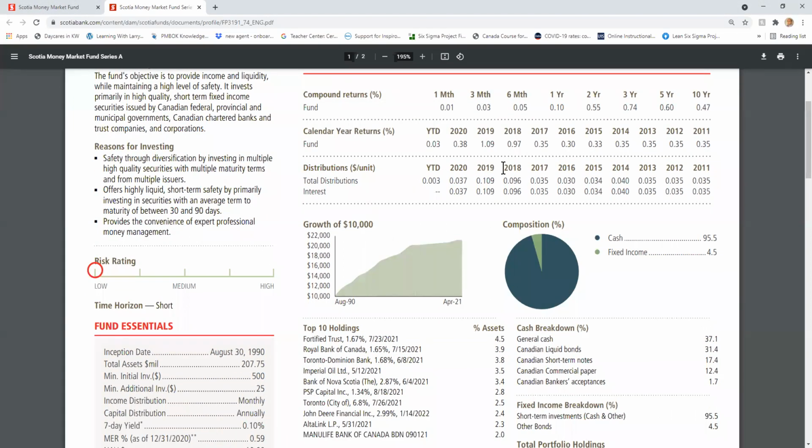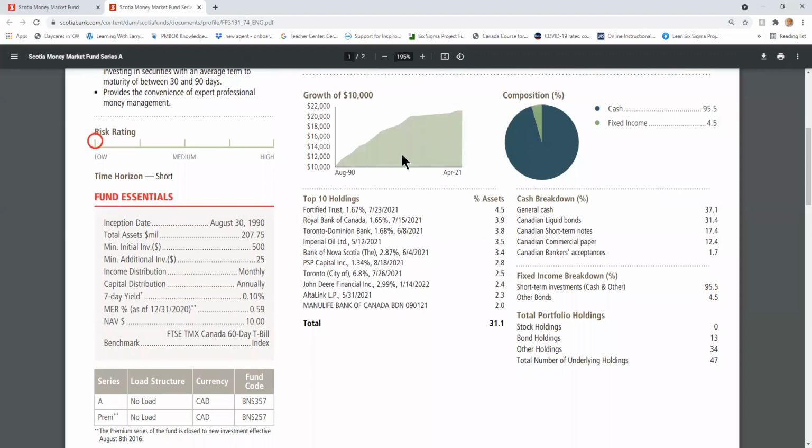So here we can see what it's invested in. These are money market securities. As you can see, July 23rd, 2021, this is just maturing in a month or two. This is a money market security giving 1.67%.